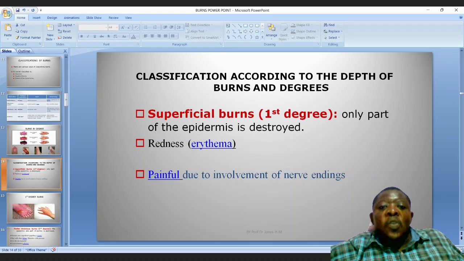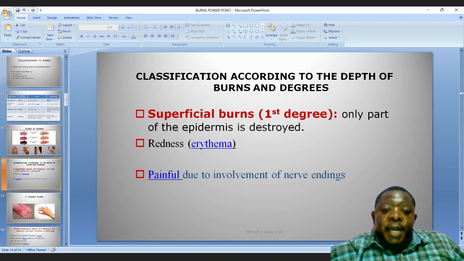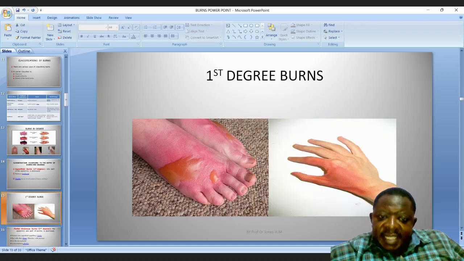So classification according to depth of burns and degrees. We said there is superficial burns or first degree, and the only part that is involved or destroyed is the epidermis. So when there's this destruction, on the signs and symptoms, we see redness of the skin, and then pain is going to be observed due to involvement of nerve endings.